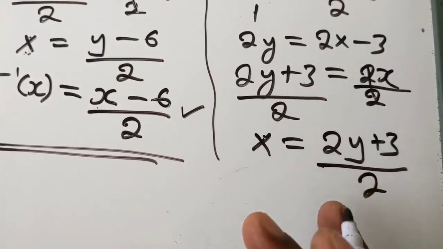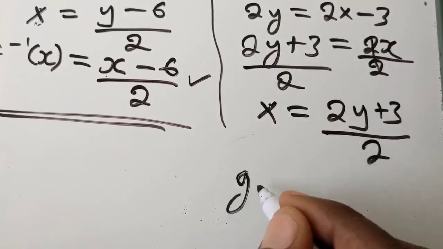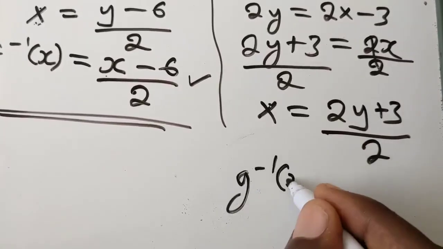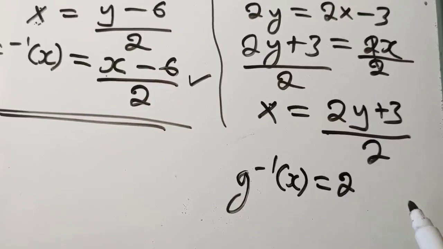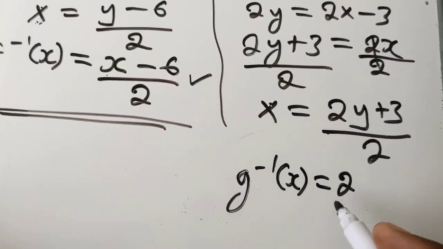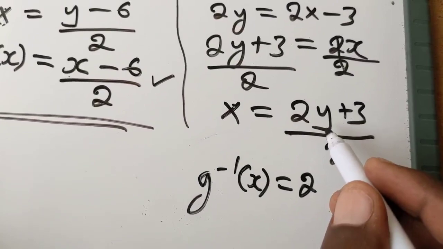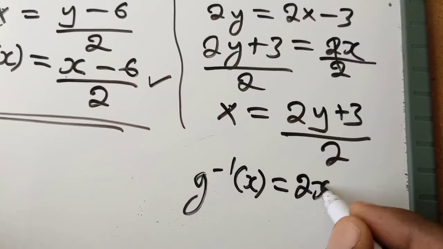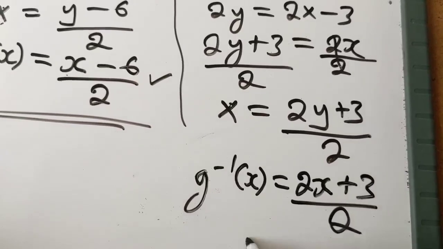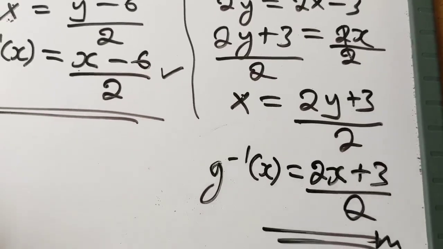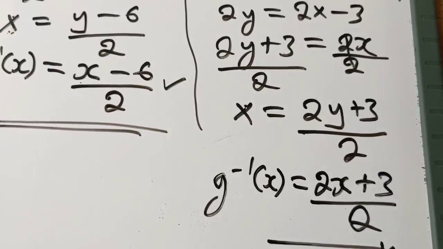So g inverse of x is equal to 2, and then replace y with x: 2x plus 3 over 2. That is the final answer. So that's how you find the inverse of a function.